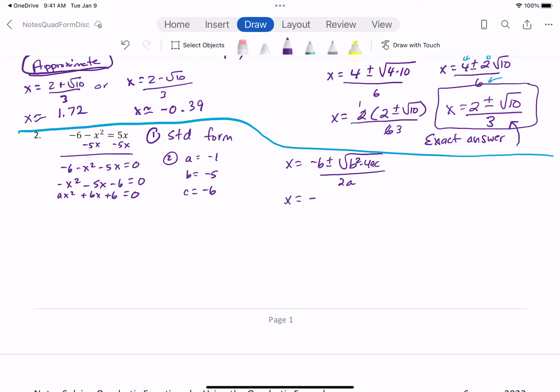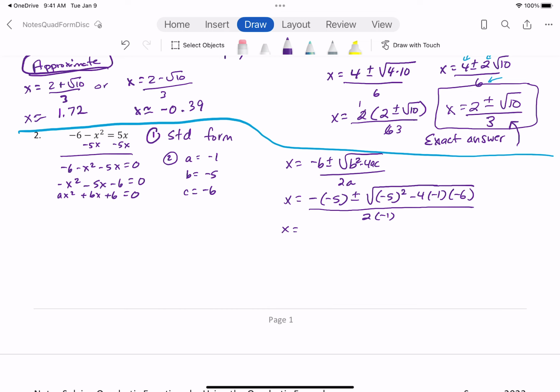Alright, so we get negative, we're going to substitute B, which is a negative 5. Under my root, I need to square B. Of course, it needs to be in parentheses. Minus 4 times A, which is negative 1, times C, which is negative 6. And make sure you extend the root. All over 2 times A, which is negative 1.